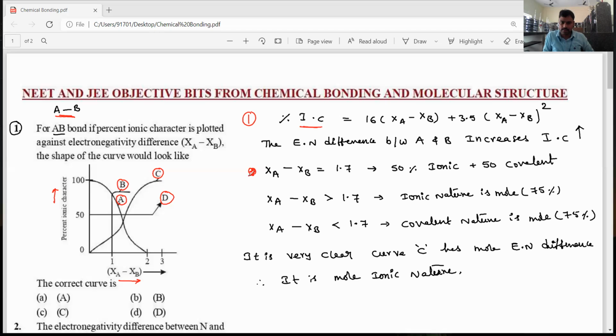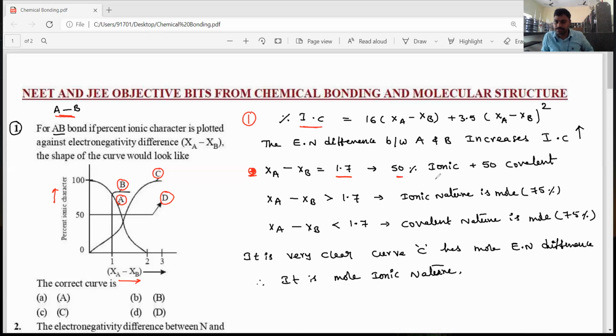Another important point: if the electronegativity difference between the two bonded atoms, Xa minus Xb, is exactly 1.7, then the bond has 50 percent ionic nature and 50 percent covalent nature.